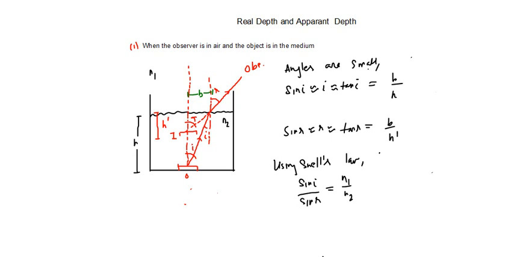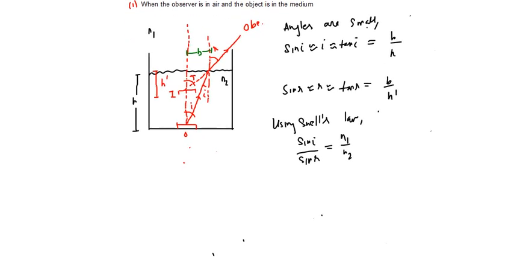So I can now write sin I by sin R equals B by H divided by B by H dash, equal to N1 by N2, remember, that means the ray is going from 2 to 1.